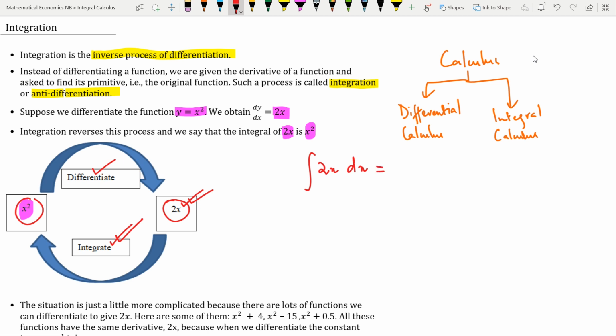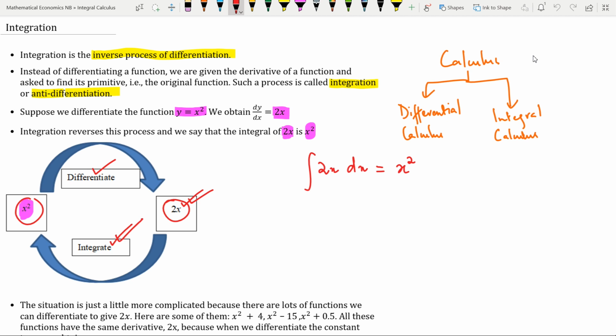Now, on integrating the derived function with respect to x, we will get x square. In the upcoming videos, we will discuss in detail the different rules of finding integration, all the basic rules. Now, on integrating this with respect to x, we are getting the original function as x square.